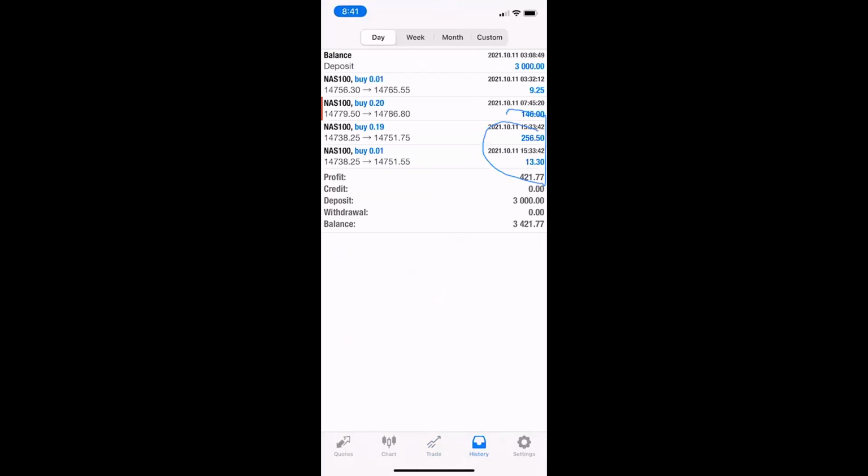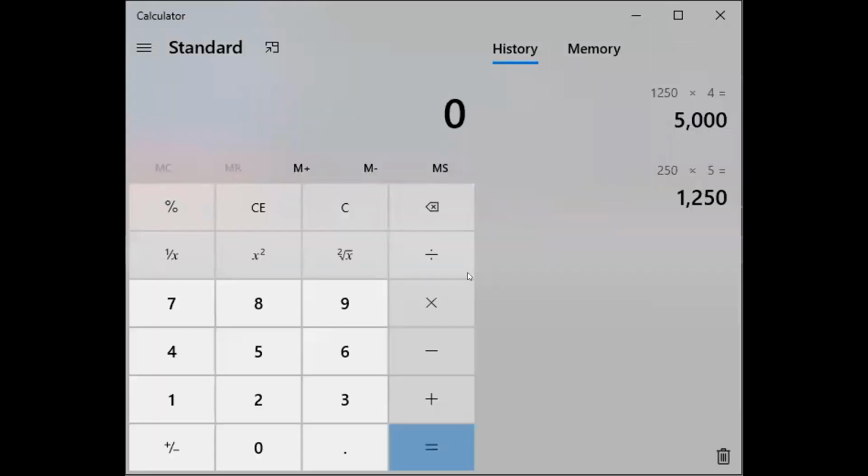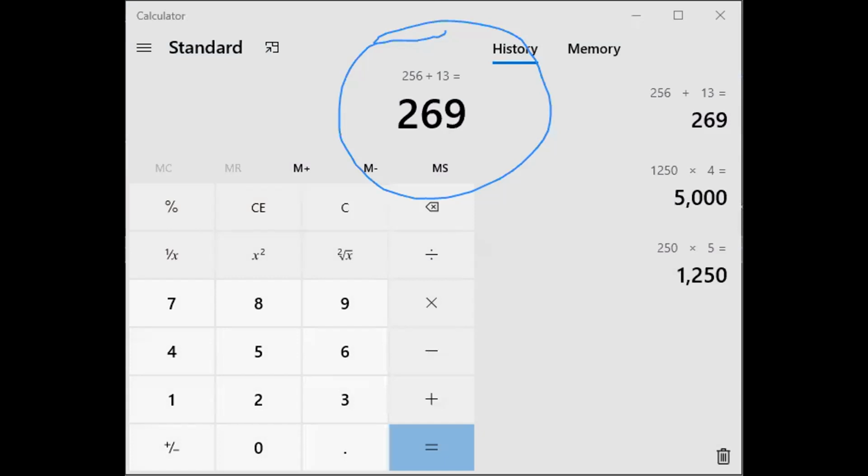Let's see. Share the calculator here. Hold on. $256 plus say 13. $269 profit for the day. That's not bad. Not bad at all. Right? So we were successful in this session.